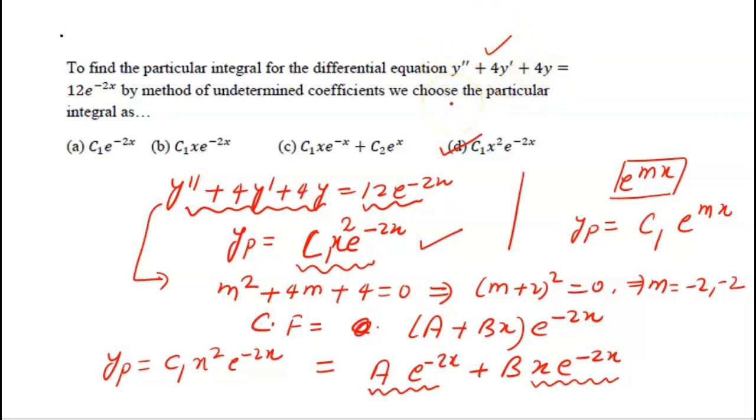And if the term which you are considering as the trial solution is already present in the complementary function, in that case you need to multiply it by a suitable power of x. I am using the words suitable power of x. It means that if I multiply it by x and that term is also present, then we multiply it by x square and so on. Okay, let us move to the next question.